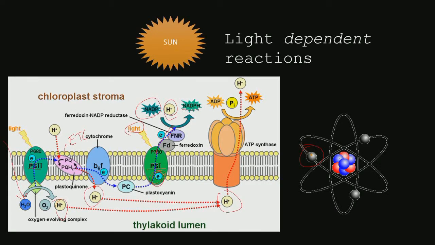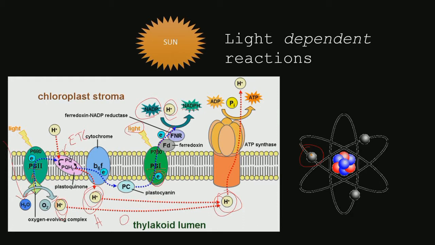Water is basically split in half, into hydrogen and oxygen, and electrons are lost by the molecule, and these electrons are then harvested by photosystem 2 to replenish itself. And as I've already said, this is an ETC, and so hydrogen ions are going to be present inside of the thylakoid lumen.